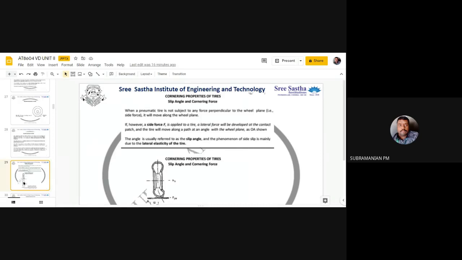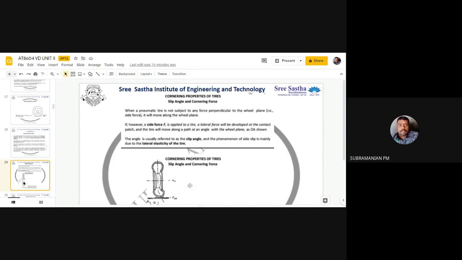So what happens when I take a turn or any side force acts? I have to study my cornering properties of the tire. If the force is not acting perpendicular to the wheel plane, this is the wheel plane, the side force will be acting.